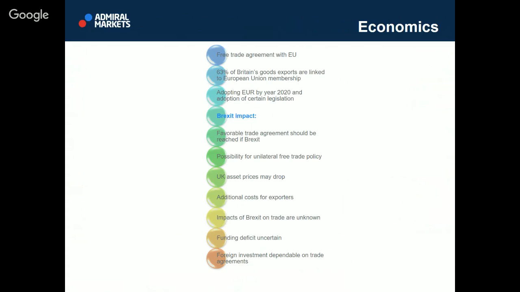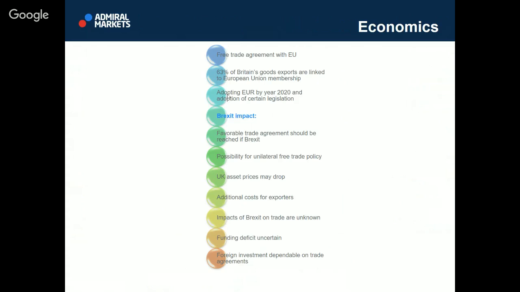Now, it is highly probable that a favorable trade agreement would be reached even after Brexit, because there are advantages for both sides, the UK and the European Union, in continuing a close commercial agreement. As I already said, 63% of Britain's goods exports are linked to European Union membership. But guys, we are not still clear with this.